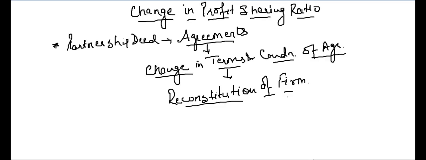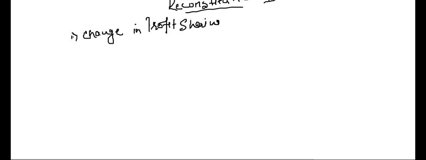Now, what can be the cases where reconstitution is possible? Number one case is change in profit sharing ratio, because there is a change in the terms and conditions, so it is reconstitution of firm.